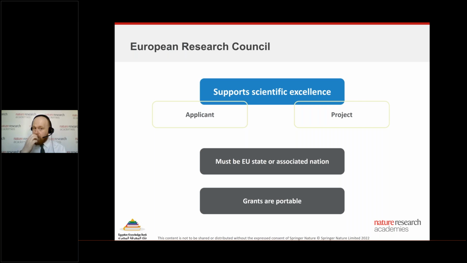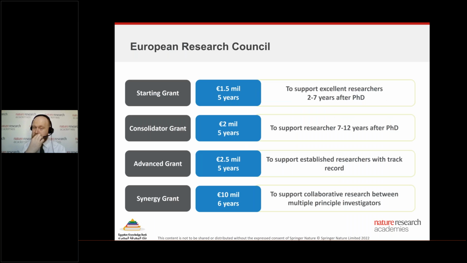Within the European Research Council, there are four key types of grant. The first one being the starting grant, and this will be for 1.5 million euros over a period of 5 years. Now, this is really to support excellent researchers 2 to 7 years after they have finished their PhD.